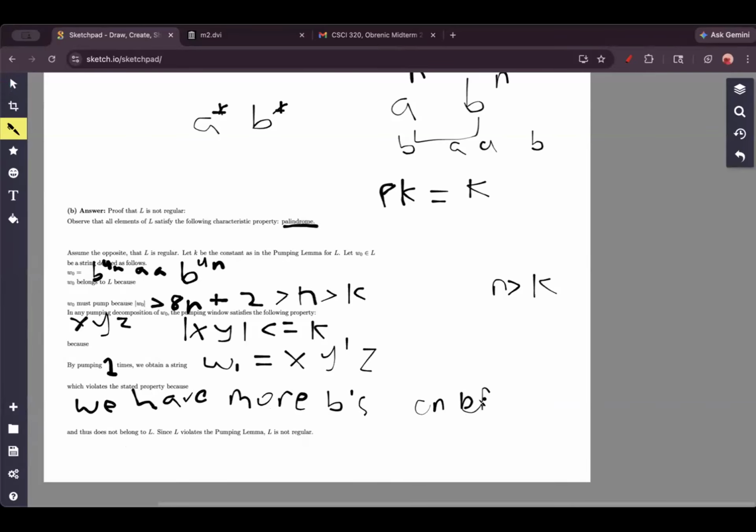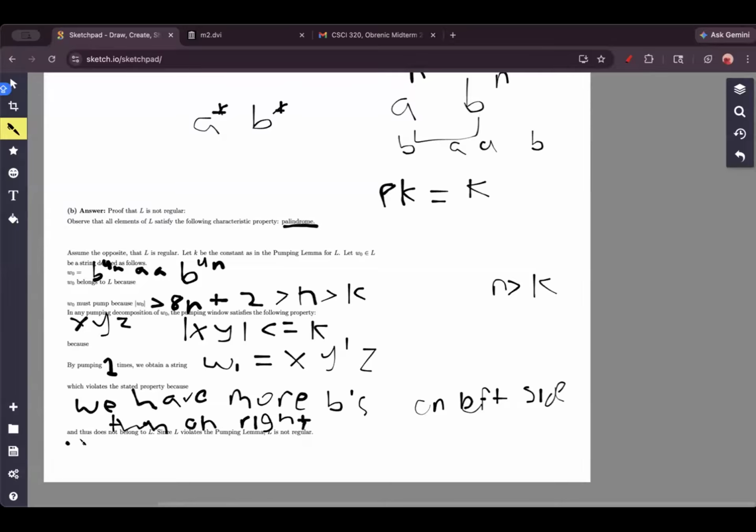More B's on the left side than on the right. Thus, it is not a palindrome anymore because there is an uneven number of B's, right?